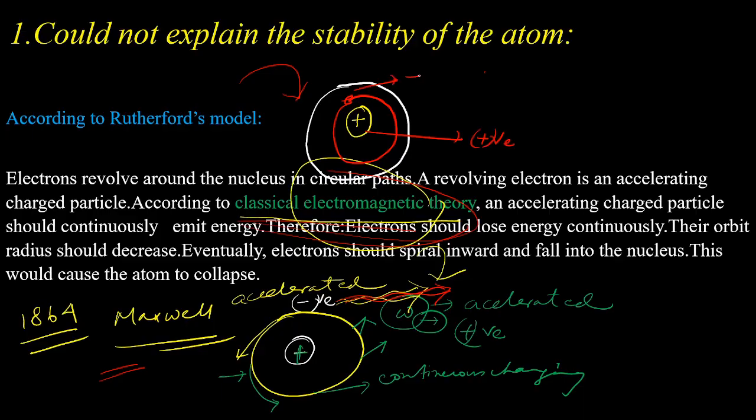So the electron will also be accelerated because it is rotating in a circular path. During this rotation, the direction of rotation is being changed, so it will get accelerated.